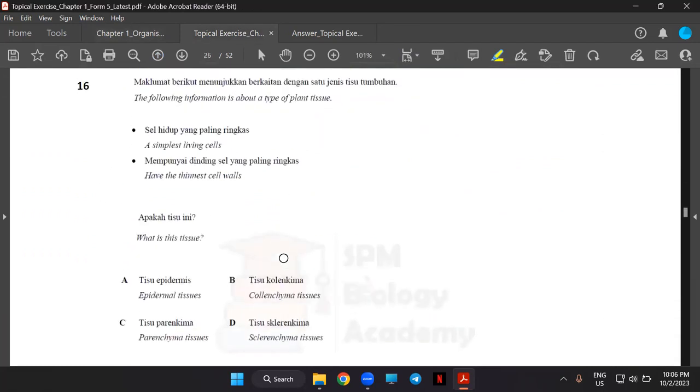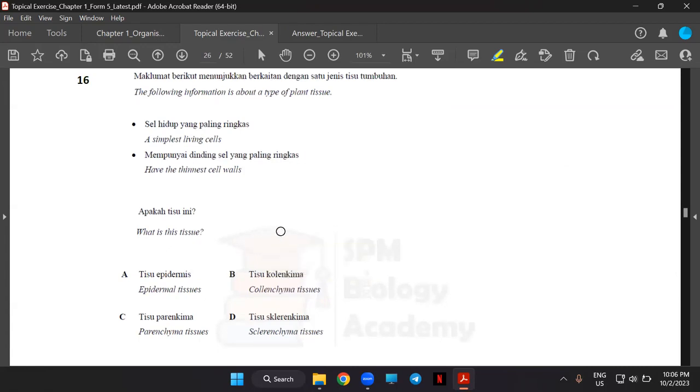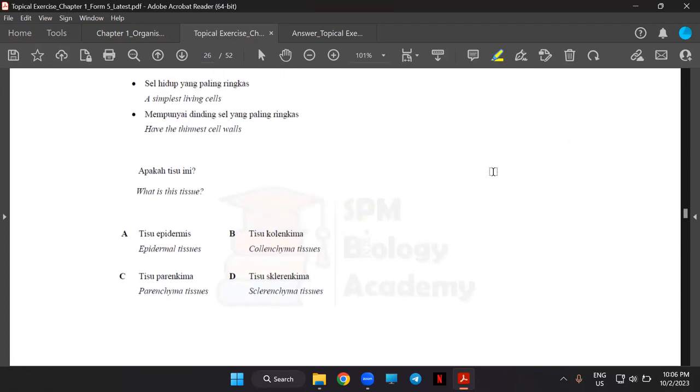Soalan 16. Maklumat berikut menunjukkan berkaitan dengan satu jenis tisu tumbuhan. The following information is about a type of plant tissue. Simplest living cell, sel hidup yang paling ringkas, mempunyai dinding sel yang paling nipis, bukan ringkas.